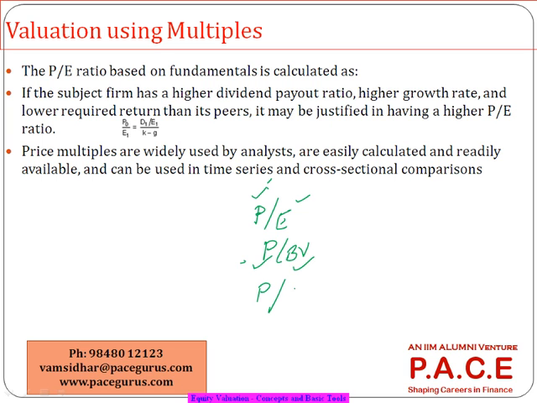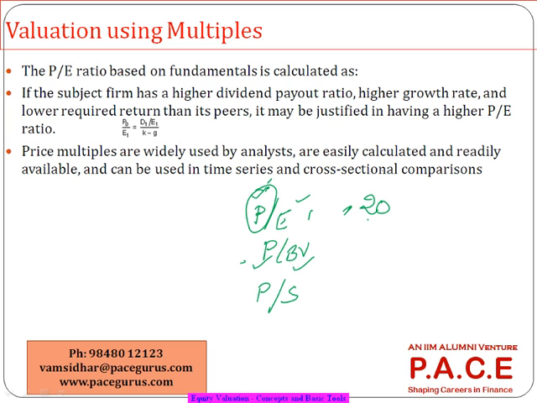Market price divided by sales per share. All these things are saying, okay, let's say this is equal to 20, the multiplier. All it is saying is, for every 20 rupees you are spending on the share, the company is generating a profit of 1 rupee.